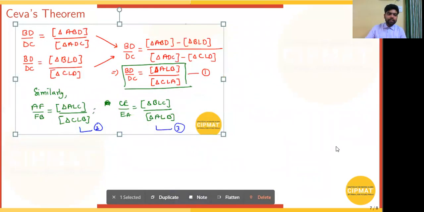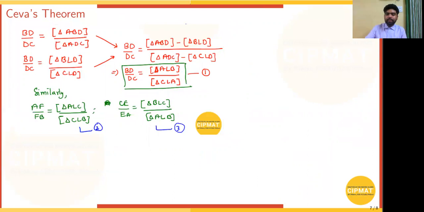Now you can clearly notice that I have equation number 1, equation number 2, equation number 3. After this, what will I do? Watch carefully. I will multiply equation 1 by equation 2 by equation 3. I will multiply these three things.